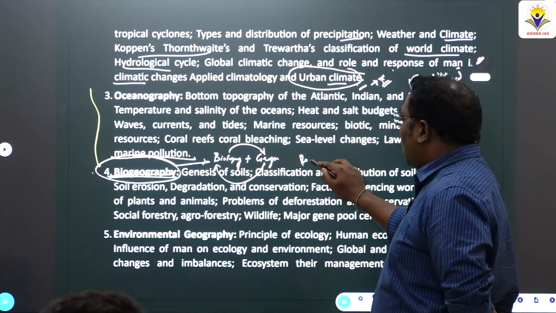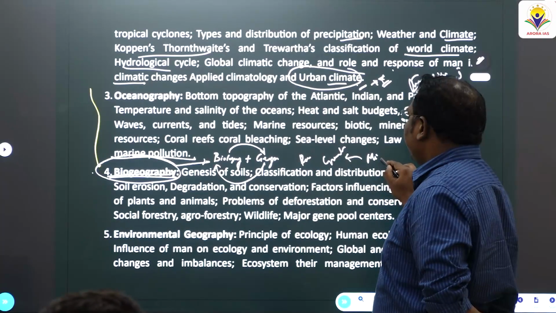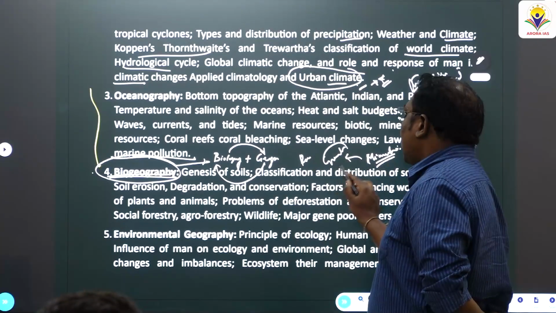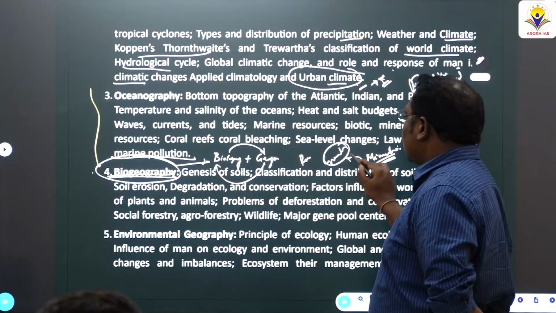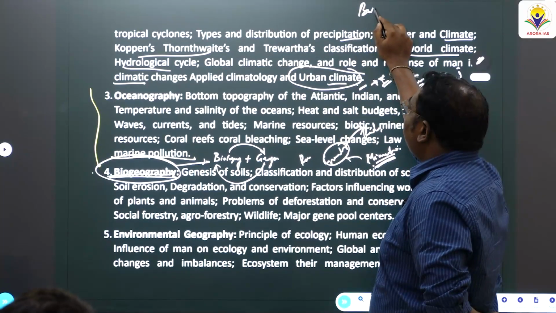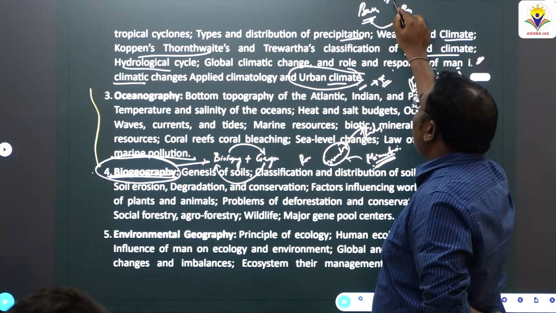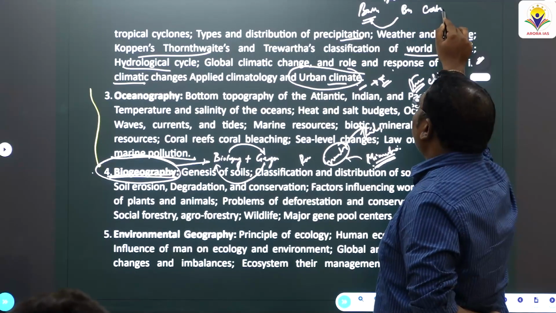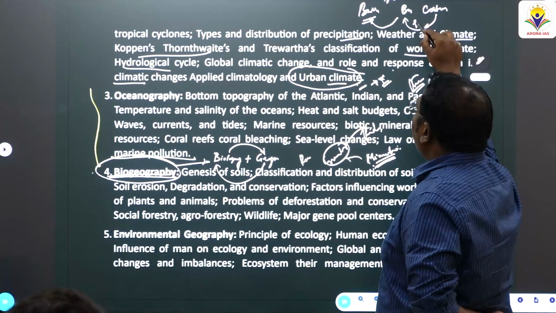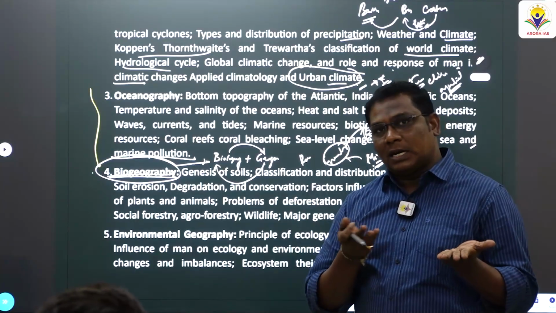How a granite rock has been influenced by microbes or microorganisms, how this granite has been converted into red soils, how a basaltic rock has been influenced by bacteria and formed into black soil, how this black soil has been contributing to cotton production, and how this cotton plant has been further leading to the growth of organisms. It's a complex relation between geographical elements and biology.